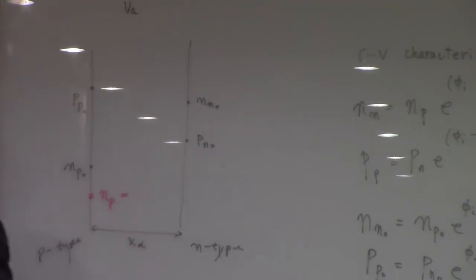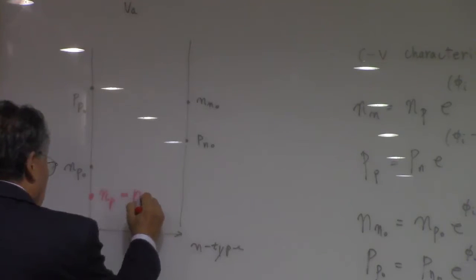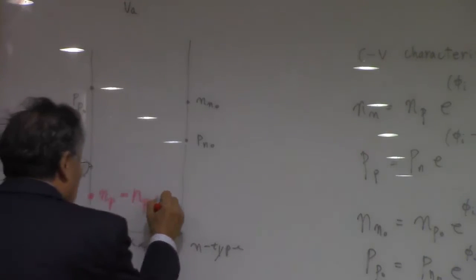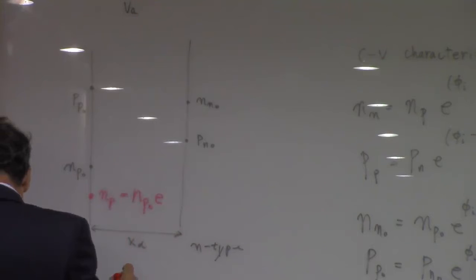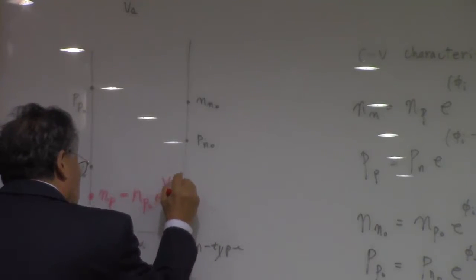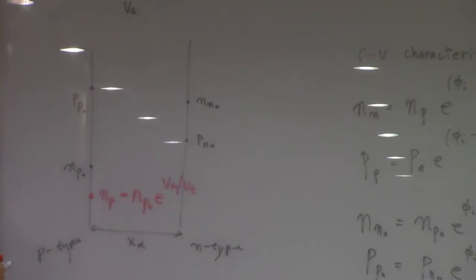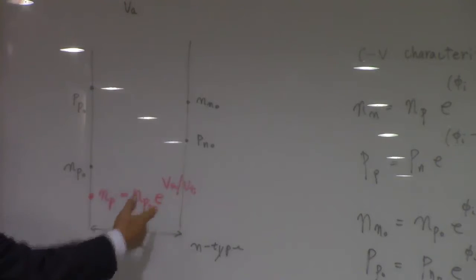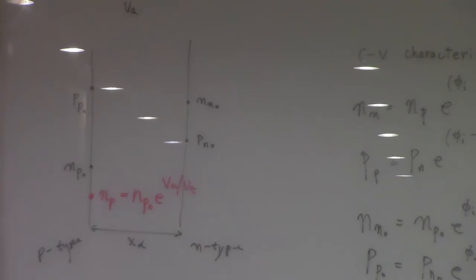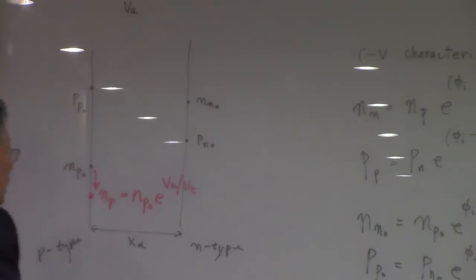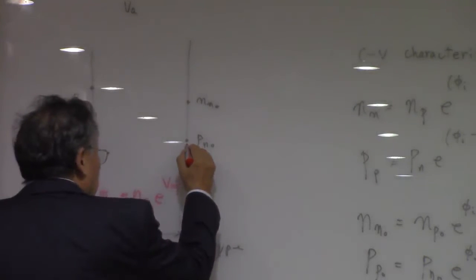And that is n_p0 times an exponential of the applied voltage; it is going to increase or decrease exponentially with the applied voltage. That's what low-level injection is about. Okay, it is going to change like this. And what about the other minority carrier?